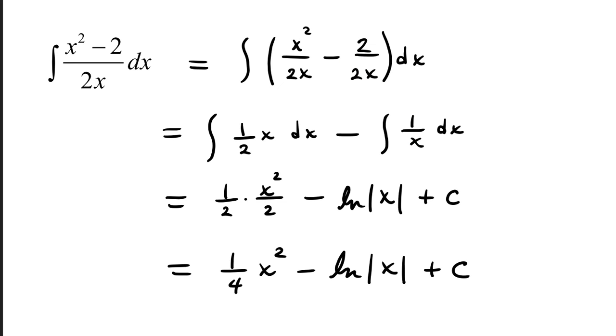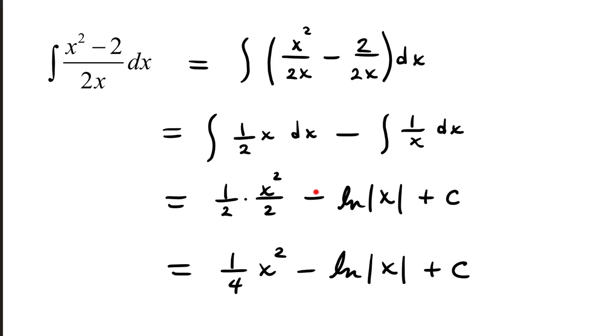I went ahead and split this into two integrals. It's totally okay to do that. With this minus sign in the middle, you can subtract two separate integrals. The antiderivative of 1/2 x is 1/2 times x squared over 2, which is 1/4 x squared. The second integral, we have a denominator of x, its derivative is 1, so that qualifies as an antiderivative using natural log.